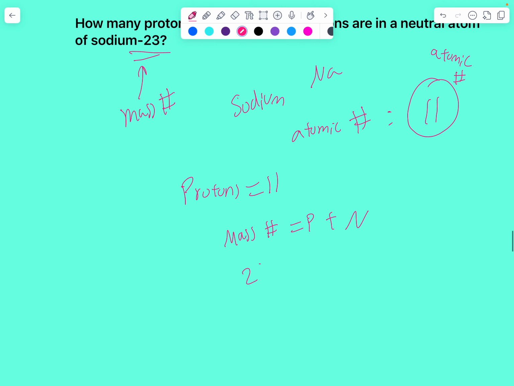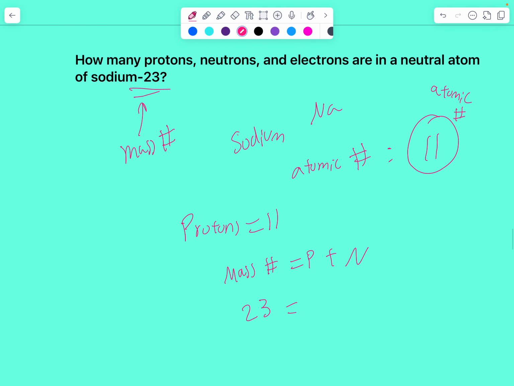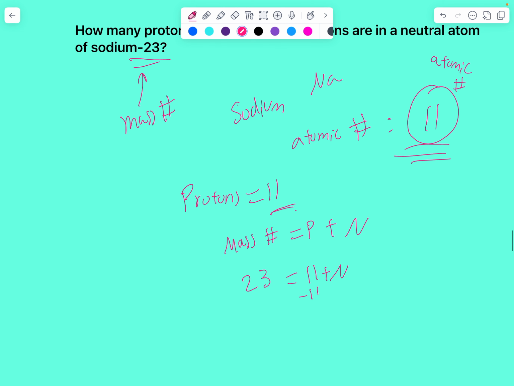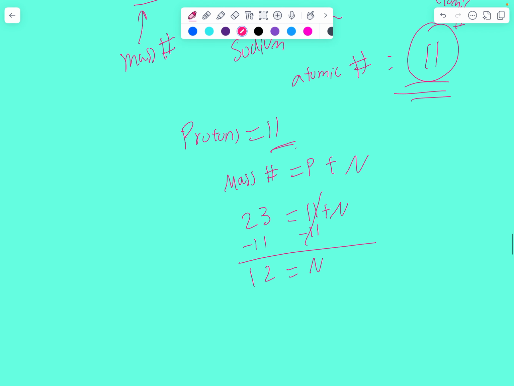So a mass number of 23 equals protons, which we said is 11, plus n. Let's subtract 11 on both sides, because I don't want to know what 11 plus n is, I want to know what n is. So n equals 23 minus 11, which is 12. So neutrons is 12.